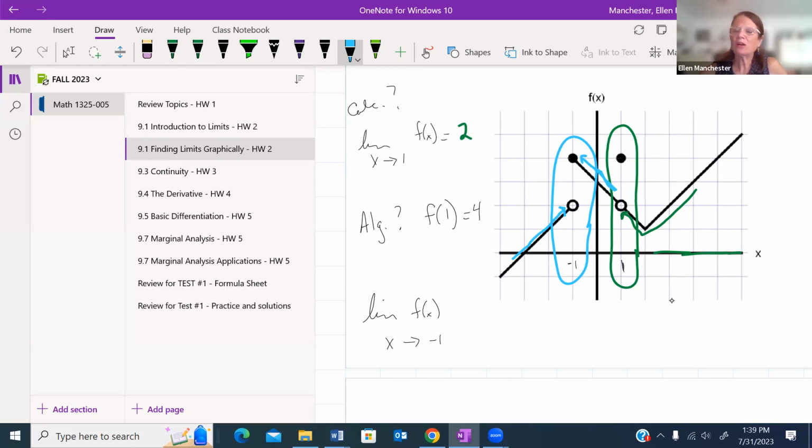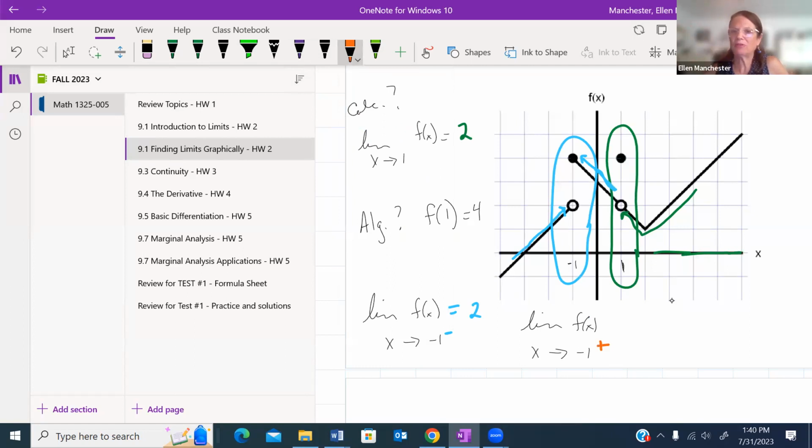So this is where we talk about a right-handed and a left-handed limit. The left-handed limit looks like this. There's a little negative sign behind the number. So this is saying as x approaches -1 from the left, I am heading towards 2. Then the next question is the limit of the function as x approaches -1 from the right.